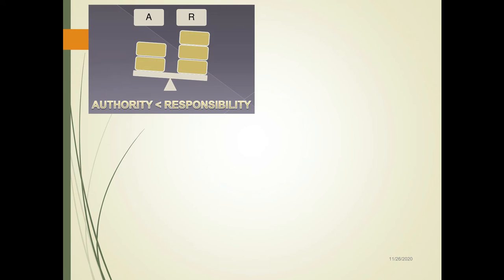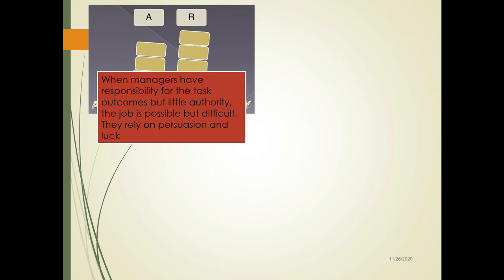So let's take a look at an illustration and see what happens if, for example, the authority is less than the responsibility. When managers have responsibility for the task outcome but little authority, the job is possible but difficult.